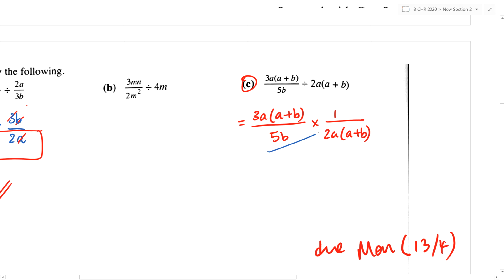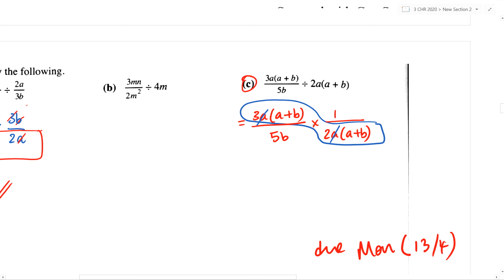Time to consider diagonal. Again, nothing to cancel here. But now, take a look at this. 3 and 2. Okay, we cannot cancel. Now a and a, they are common, let's cancel them. Look, we've got a plus b as a combined whole. In the denominator, we have the same a plus b.